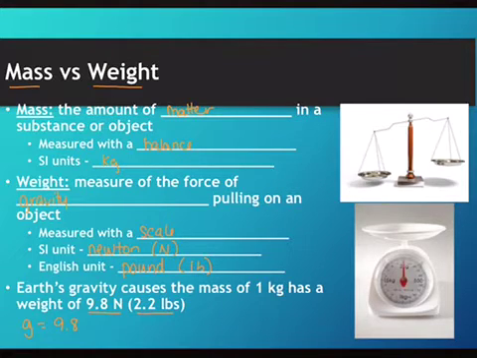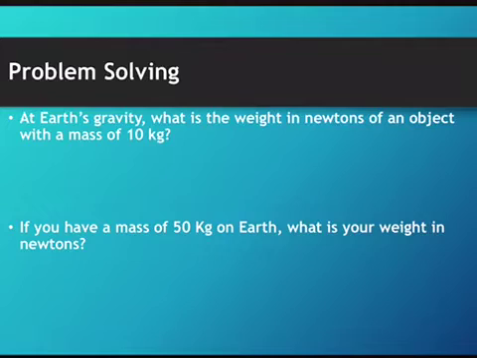And so we will use that when we do some problem solving. So at Earth's gravity, that tells us right there that gravity is 9.8. What is the weight in newtons of an object whose mass is 10 kilograms?